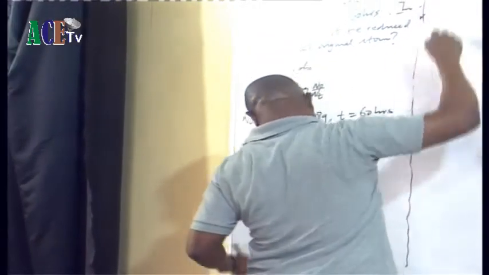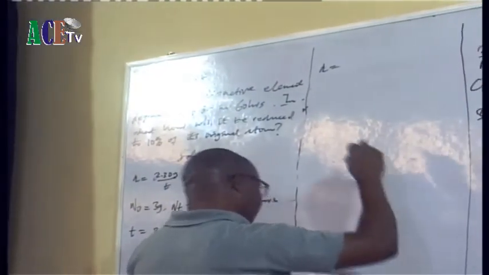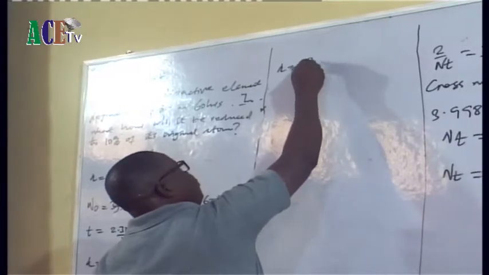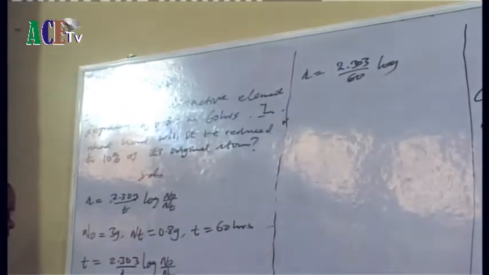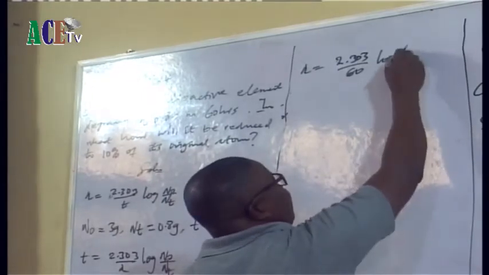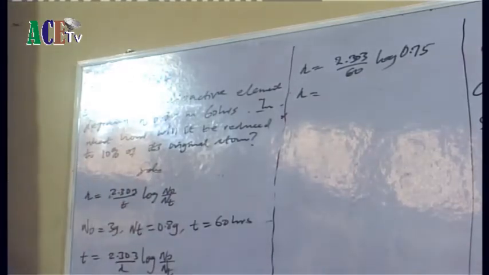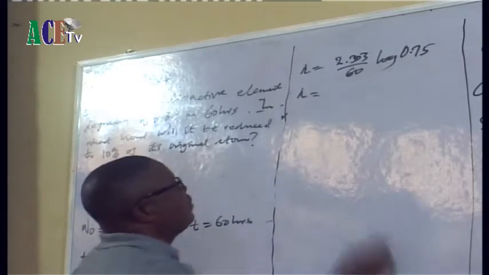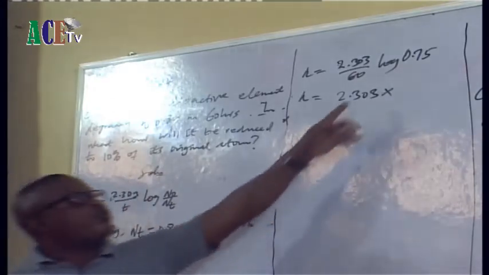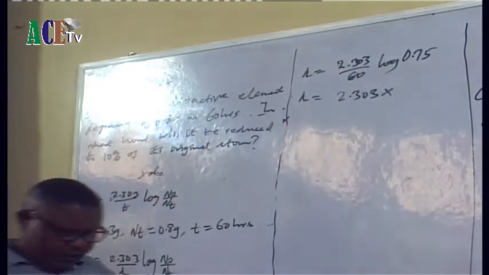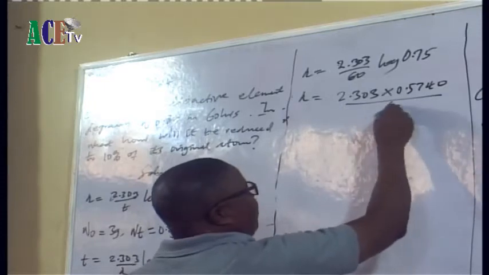So lambda is equal to 2.303 over 60 logarithm of 3 over 0.8, which gives us 0.75. Log 0.75 is 0.5740, so we multiply 2.303 by 0.5740, everything over 60.